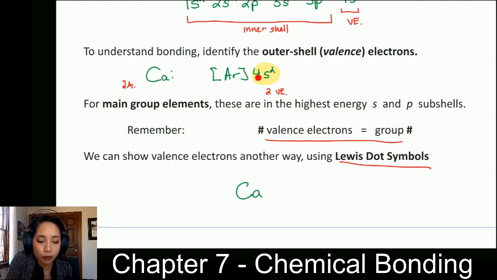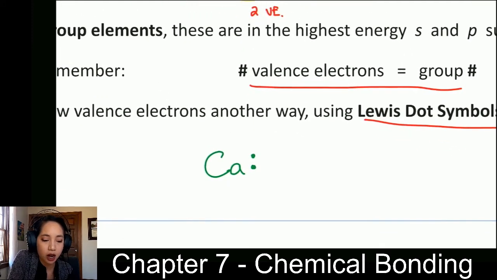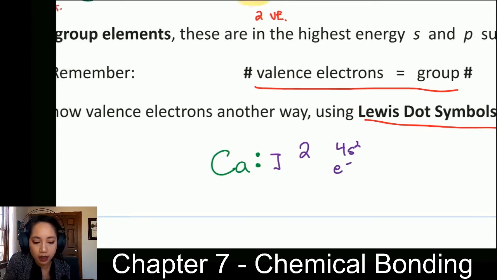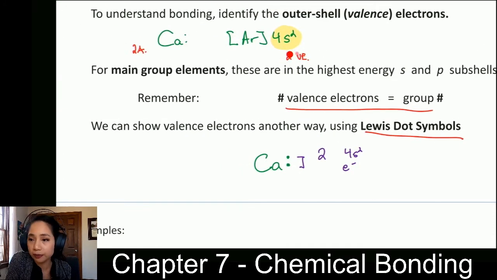Since there are 2 s orbital electrons, we will draw 2 dots to denote each of those 2 electrons around our calcium atom. So right there, those 2 dots are the 4s2 electrons that we see in those valence shell electrons.